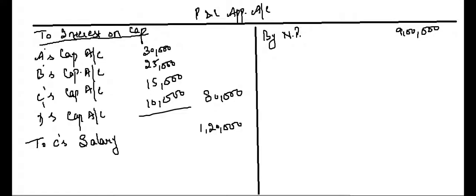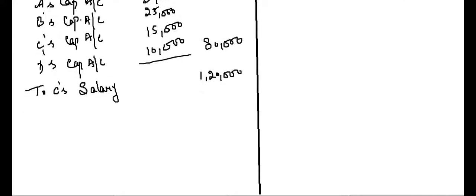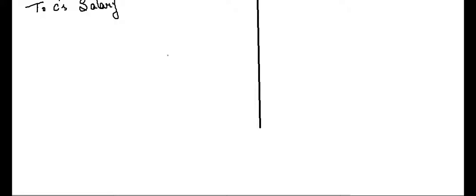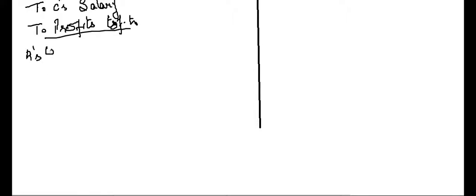Okay. So let's see the distribution of profits now. Let's see what are the profits transferred to A's capital account. Now out of 7 lakh, A has a share of 4 by 10. So that comes to 2,80,000.